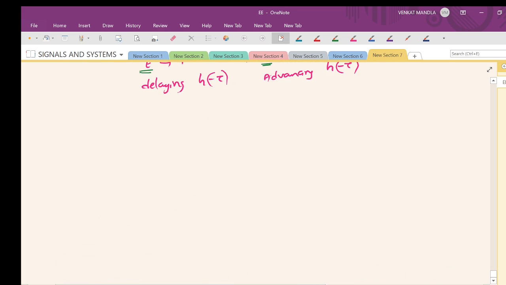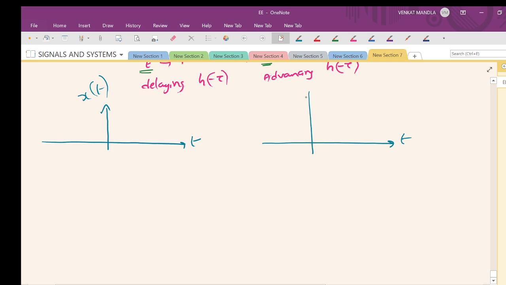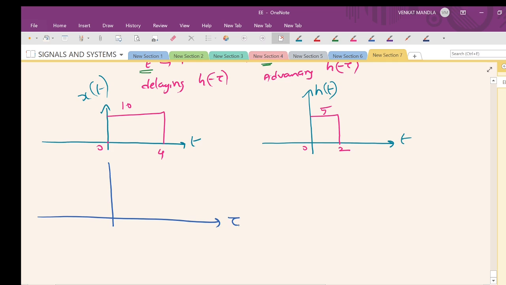So now come to the graphical convolution. x(t) is given from 0 to 4, and h(t) is from 0 to 2, with these values 10 and 5. The first step is x(t) to x(tau).